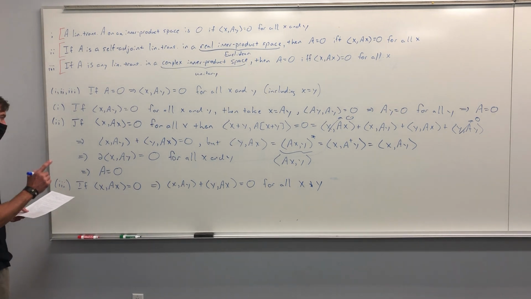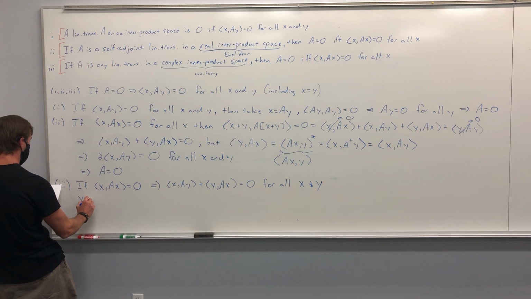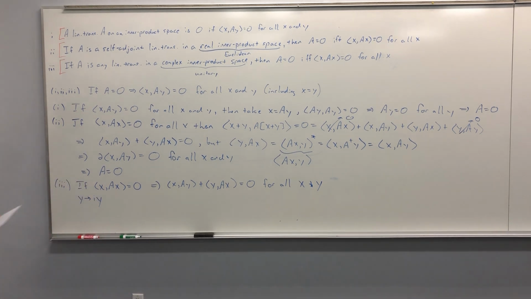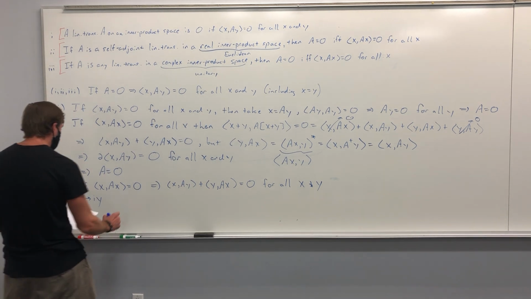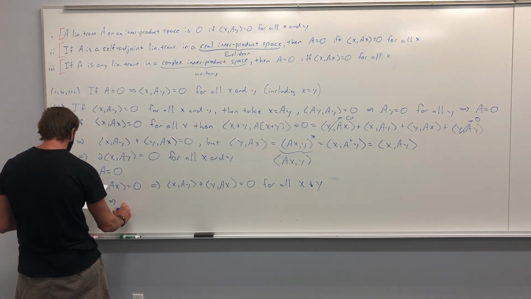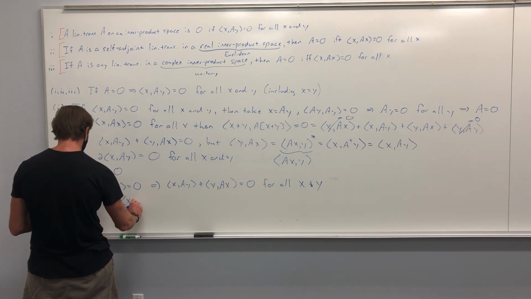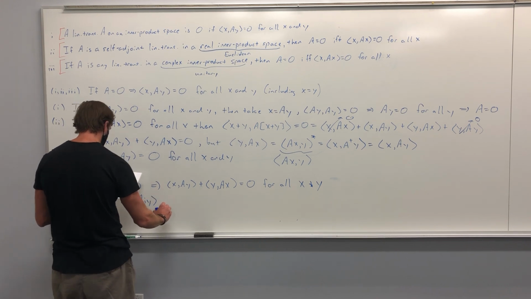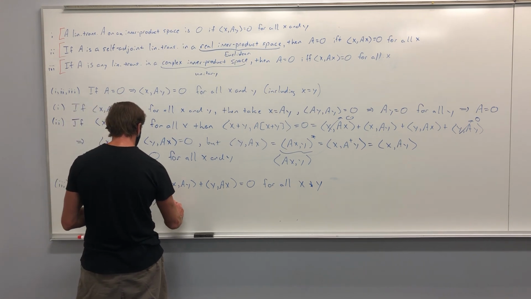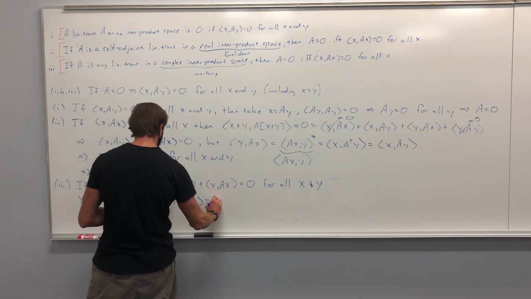Now, since this is a complex space, what we can do is we can say, all right, I'm going to take y to be imaginary. I mean, I can do that. If I do that, then what I have is the following. X a i y plus i y a x equals 0.